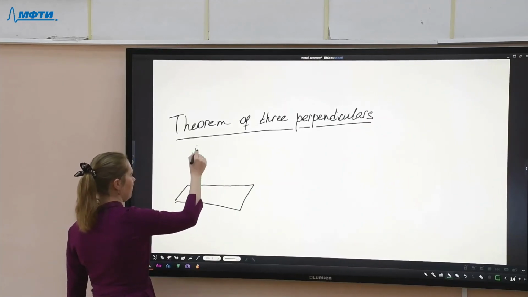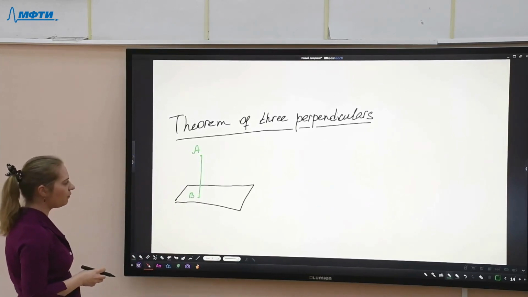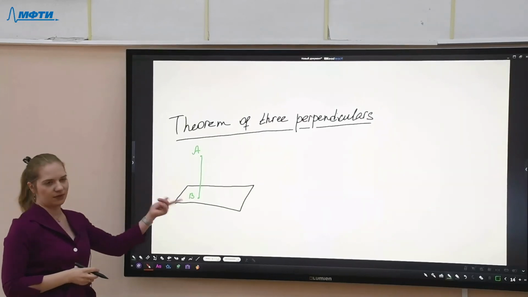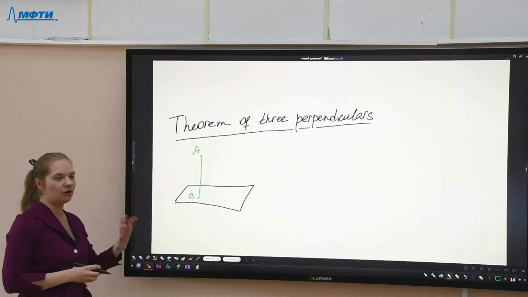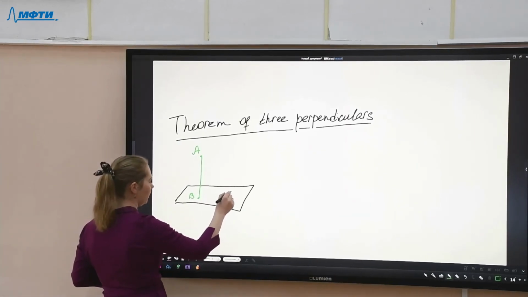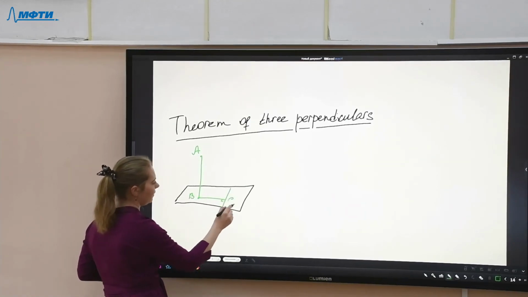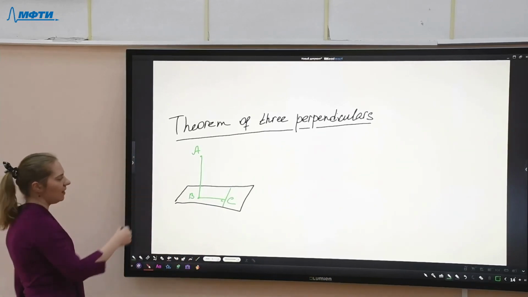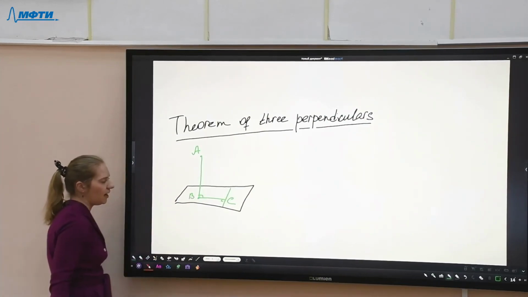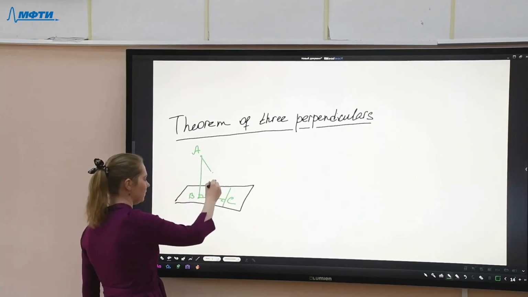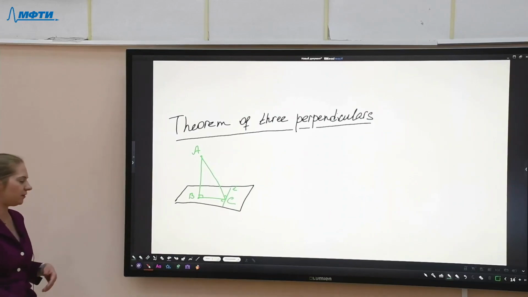Let it be A, it is B. And then from the foot of this perpendicular, from this point B, let's drop a perpendicular to any line on this plane. So here we have a line. Let's drop a perpendicular. Let it be BC, for example. So AB is the perpendicular to the whole plane, so we can say that AB is perpendicular to BC. And it occurs that AC is also perpendicular to this line L.